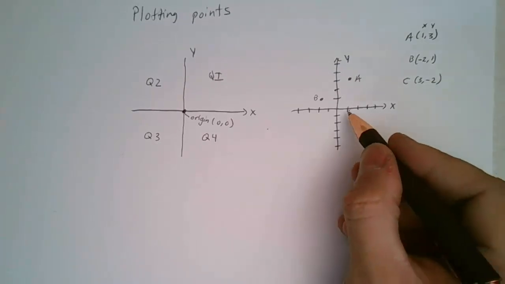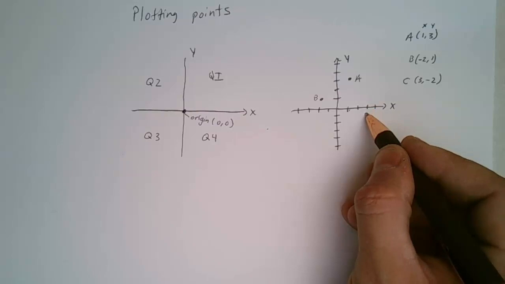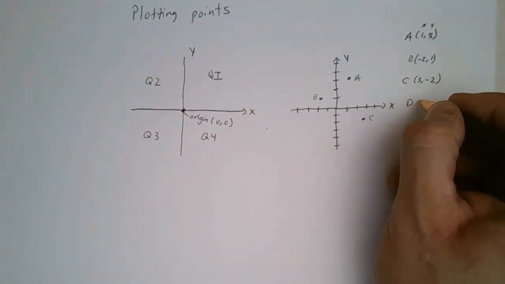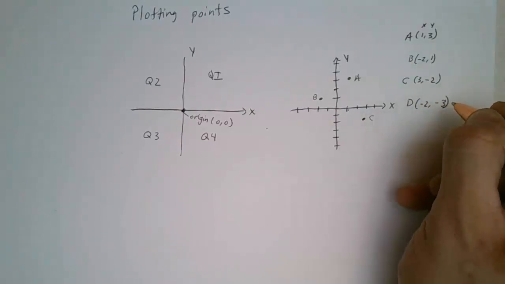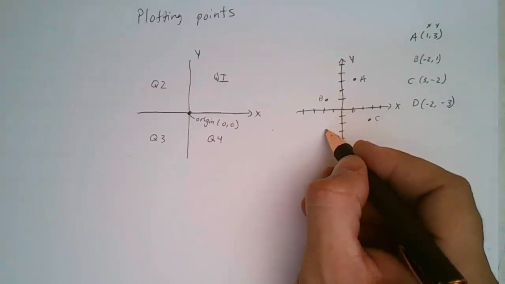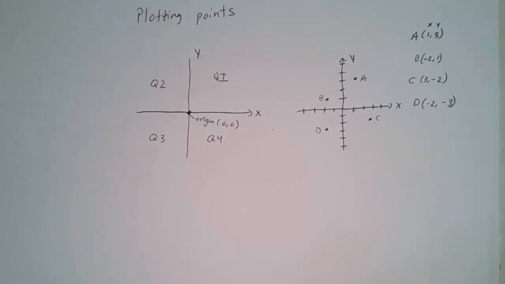X first, y second, so we go right 1, 2, 3, and down 1, 2, and that would be point C. That would be in quadrant 4. And then if I gave you D and said it was negative 2, negative 3, you would go left 2 and down 1, 2, 3, something like that. And that would be in quadrant 3, point D.